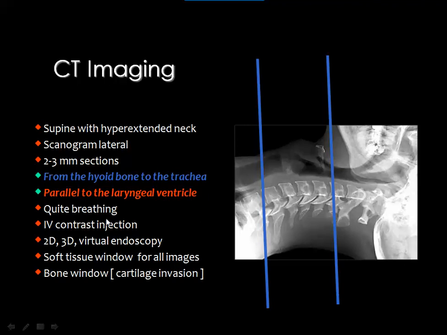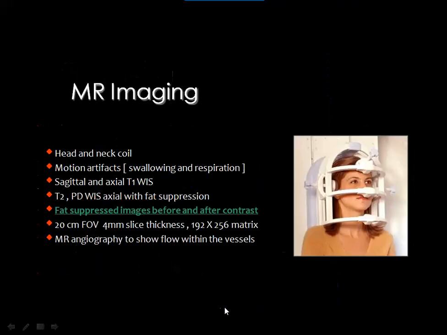And you remember, we do not give the patient any instructions about breathing or swallowing. Many times we need to inject intravenous contrast media, and the use of 2D and 3D images, of 2D in particular, is helpful in the diagnosis. Then soft tissue window settings are performed for all images, and the bone window images are used to detect any bony or cartilaginous abnormalities.